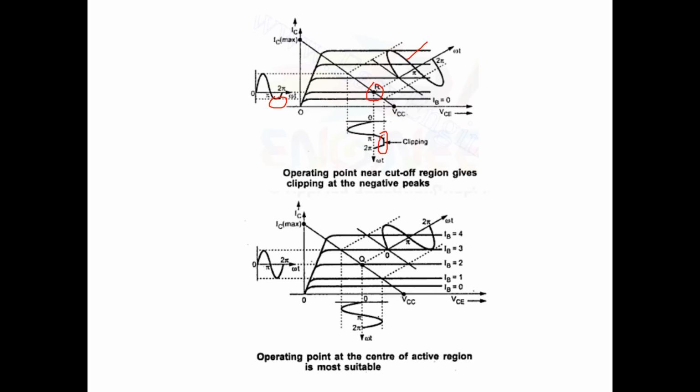Now consider when you opt for the intersecting point Q. Then there is no distortion of the collector current and no distortion of the output voltage, that is VCE.